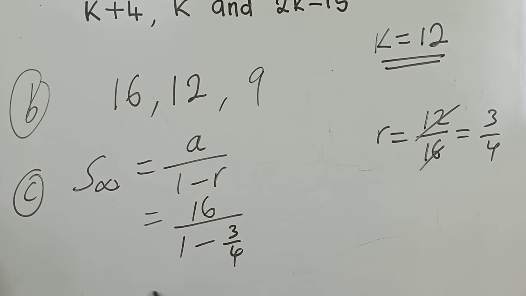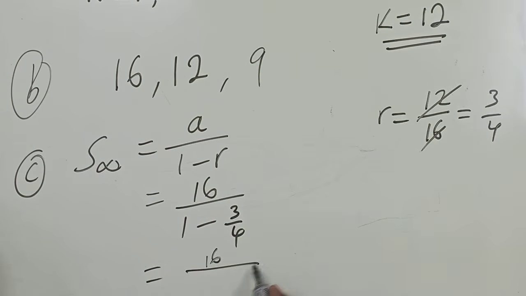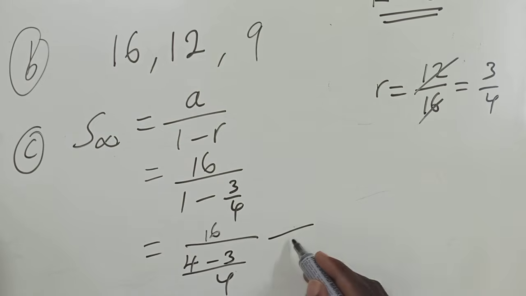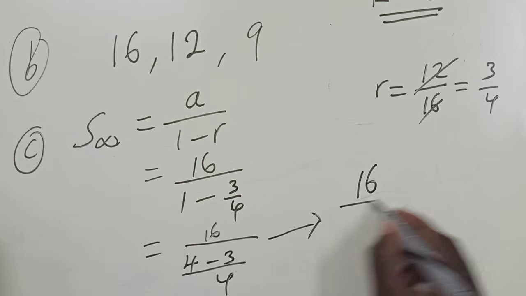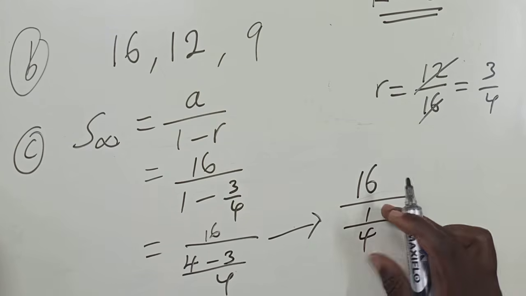So now we can solve here. When we solve, we have a 16 on top. Here we have 1 minus 3 over 4, which is 1 over 4. So we can reciprocate.